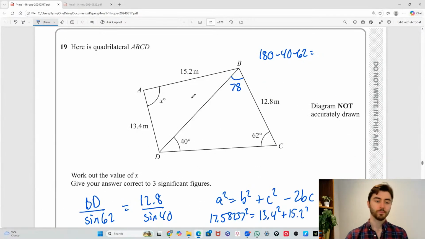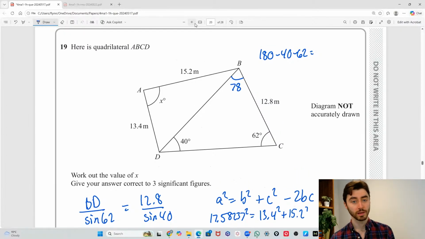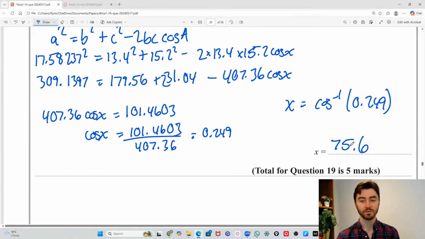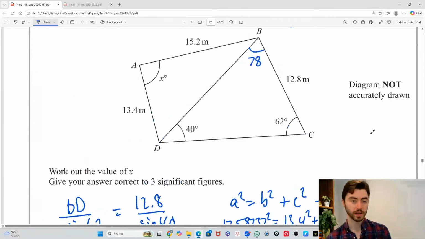Here's a quadrilateral. Work out the value of x. So what I will do is I'll just work backwards to make sure I get everything right. So if I have my x as being 75.6 degrees, I'm going to work the other direction.